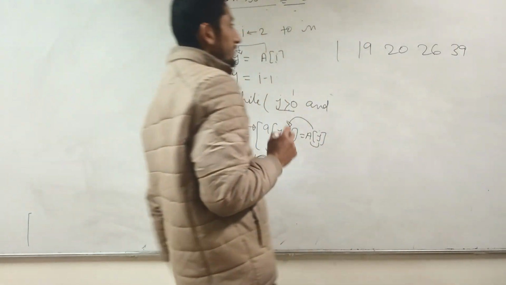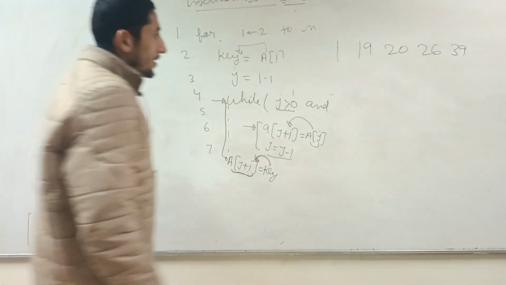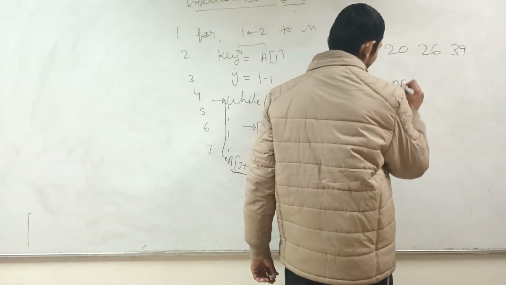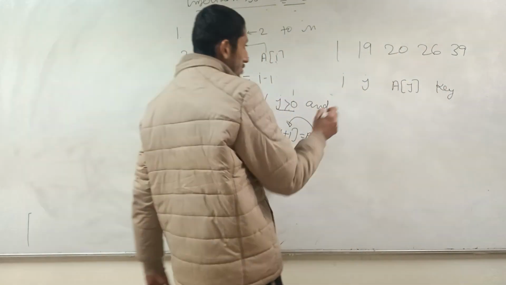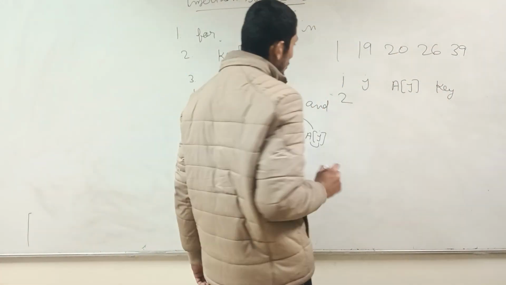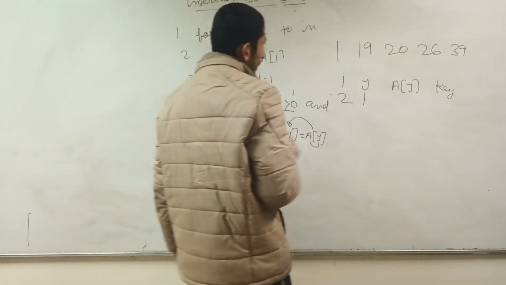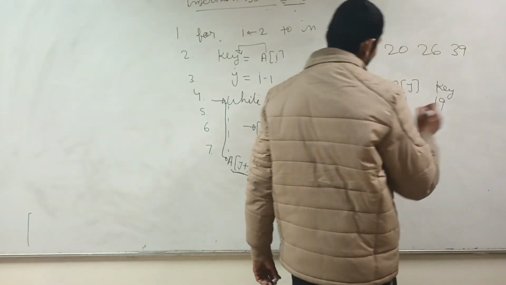Let's say I have 5 elements and all elements are sorted. So let me build a table for you. I, J, AJ and key. The value starts from 0, 2. So I becomes 2, J becomes 1, A of J becomes 1 and key becomes 19.